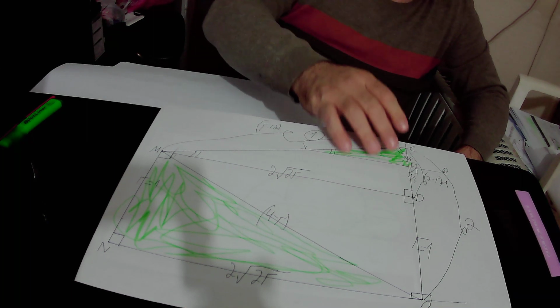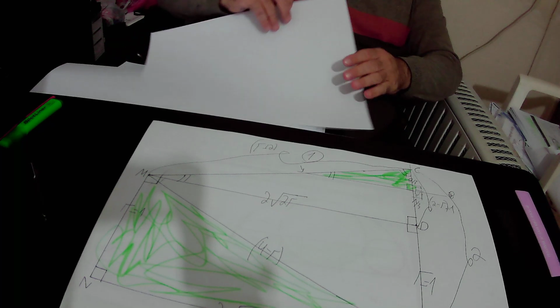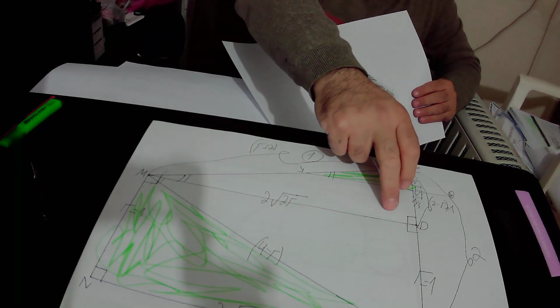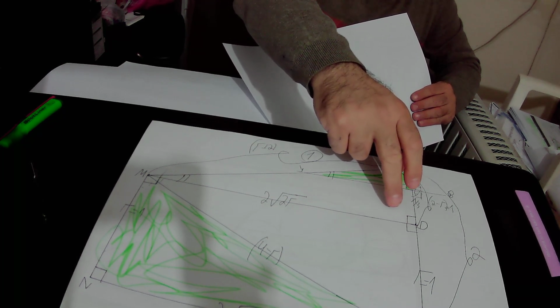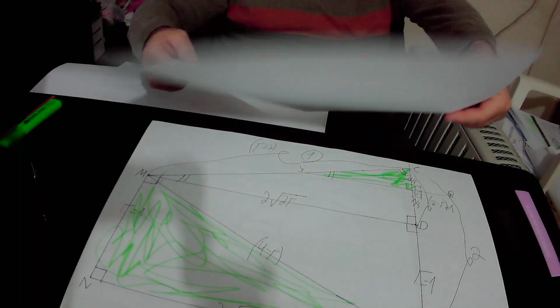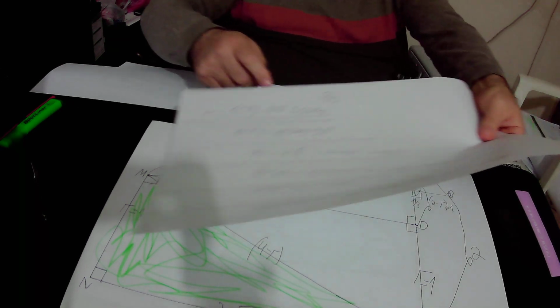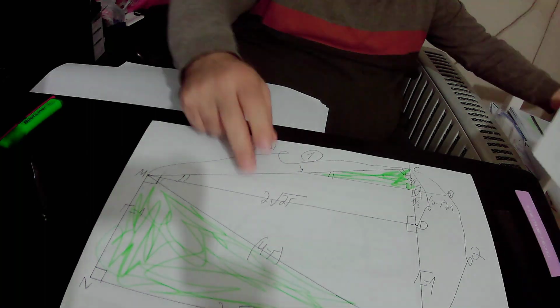Then we actually proved that the green triangle is similar to the right triangle CDM. We focused on triangle CEY, the green triangle, and on the right triangle, triangle CDM.